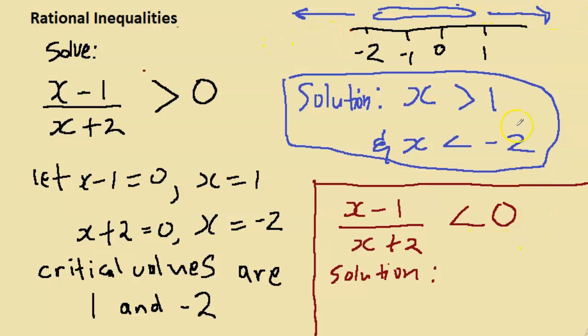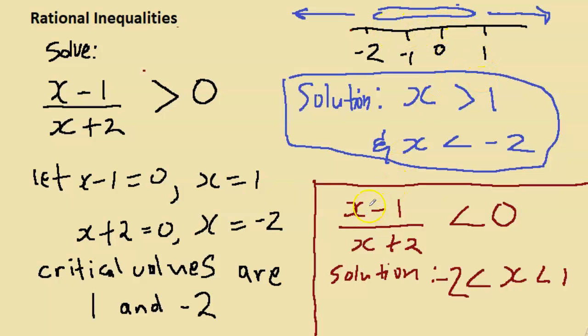So the solution set would be the values in between. x is less than the larger critical value, which is 1, and x is greater than the smaller critical value, which is negative 2. In other words, x would be any value that lies between 1 and negative 2.